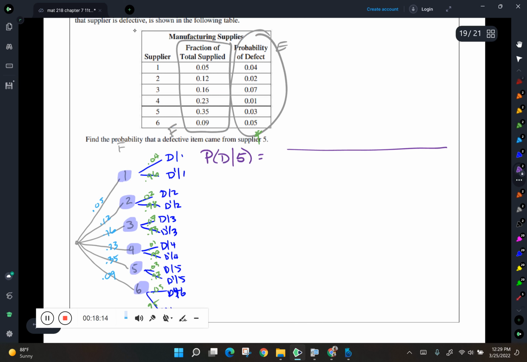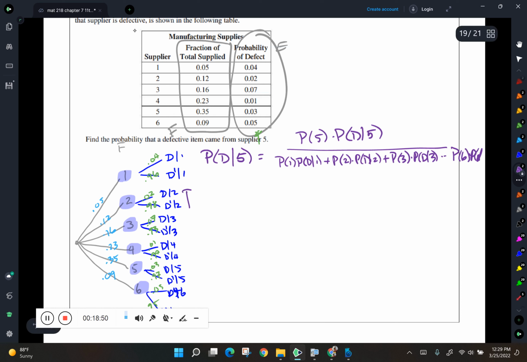So according to Bayes' theorem, that's going to be the probability that it came from 5 times the probability of being defective given that it came from 5, divided by, and down here, I'm going to have the probability of 1 times probability of defective given 1, plus the probability of 2 times the probability of defective given 2, plus the probability of 3 times the probability of defective given 3, all the way out to the probability of 6 times the probability of defective given 6.